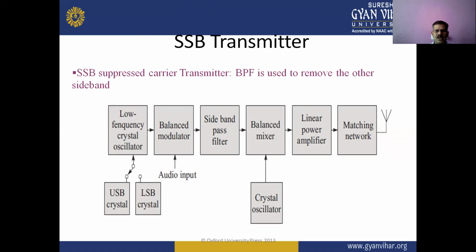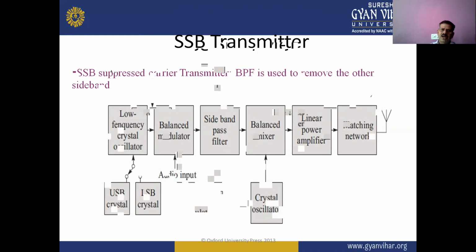A signal is also mixed here in the balance mixer by the crystal oscillator, that is the high frequency signal. The output of the balance mixer is applied to the linear power amplifier, and then this signal is applied to the matching network, and the matching network transmits the signal with the help of the antenna to free space. So this is the SSB transmitter.